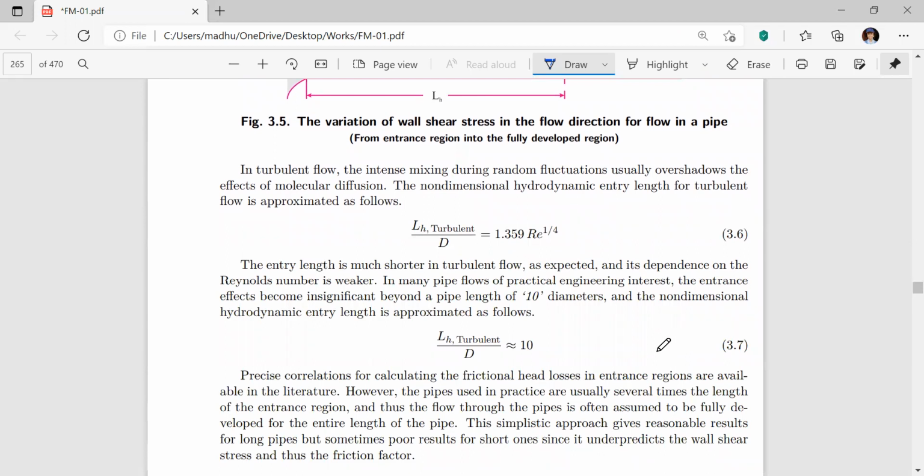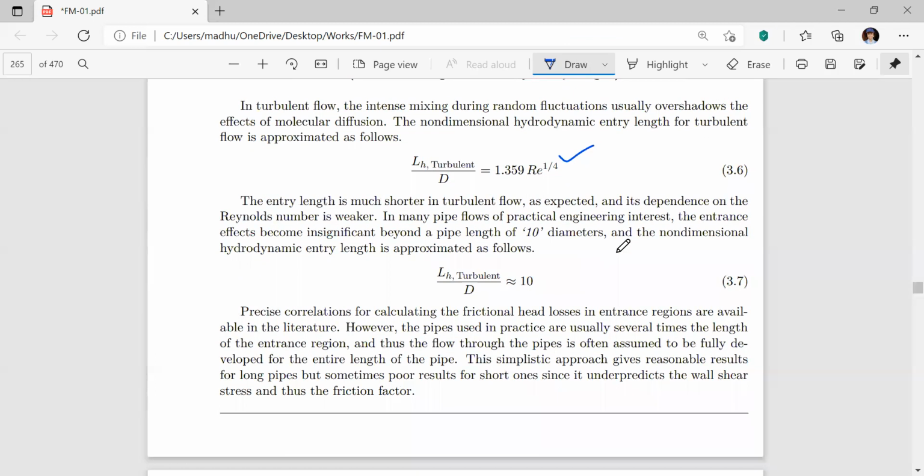In turbulent flow, the intense mixing happens due to random fluctuations, and it usually overshadows the effect of molecular diffusion. The non-dimensional hydrodynamic entry length for turbulent flow is approximated as LH turbulent by D is equal to 1.359 Reynolds number to the power of 1/4. These are the results obtained from many experiments in this field by many pioneers, and they have suggested these equations.